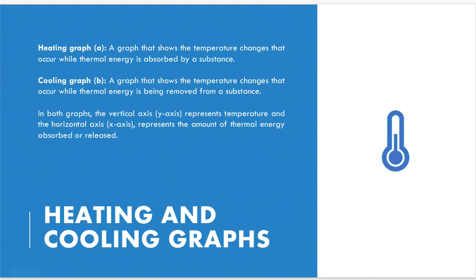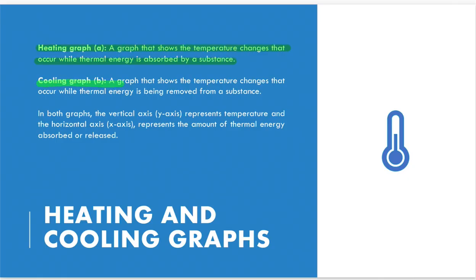So we can model these situations on what is known as a heating graph or a cooling graph. I'm going to show you an image of each. So a heating graph is a graph that shows the temperature changes that occur while thermal energy is absorbed by a substance.